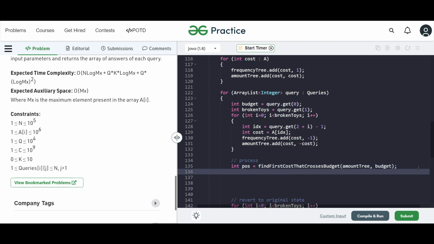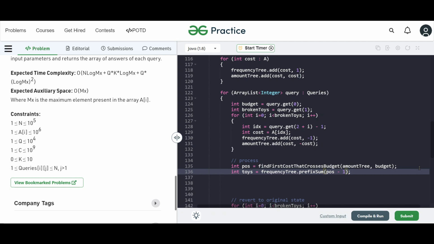All right, so that means for the previous costs up to that point, we can just use frequency tree.get(position - 1), or the previous prefix sum.